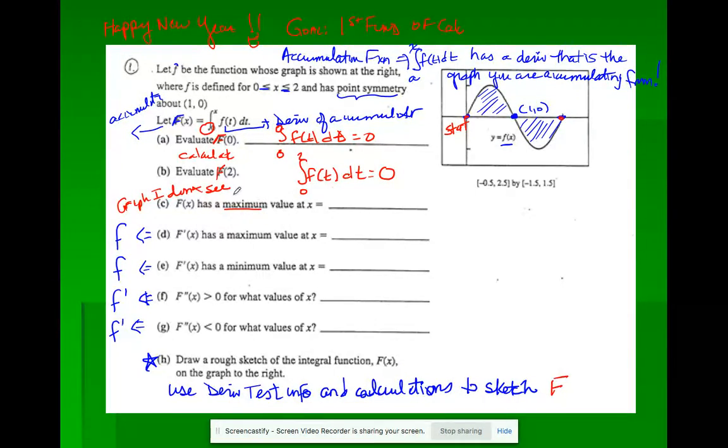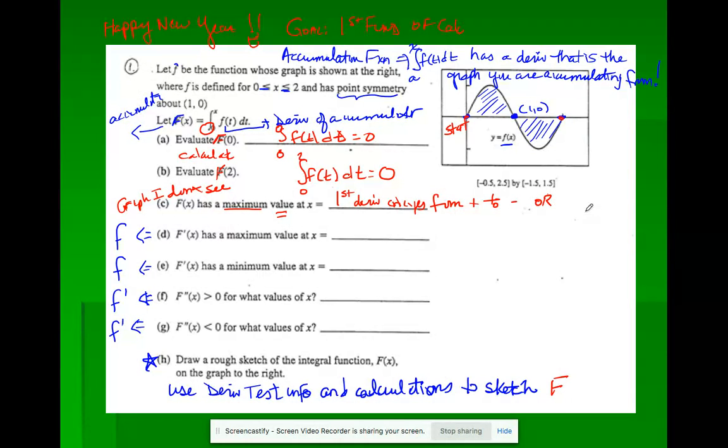Now, where does capital F have a maximum value? Maximum value is where the first derivative changes from positive to negative, or what?